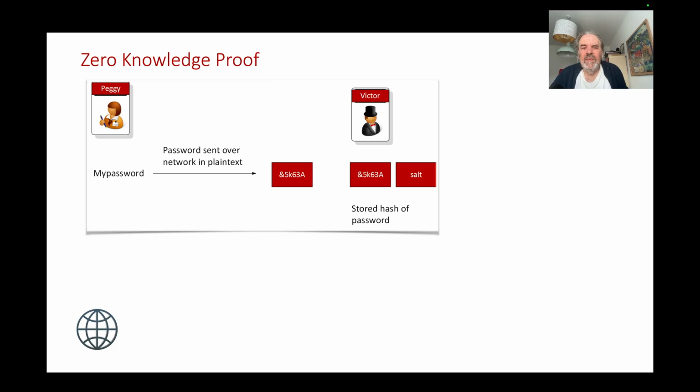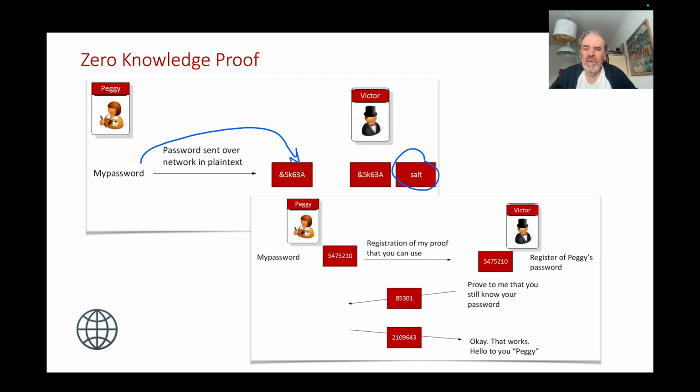So a typical way that we would store passwords, for example, is that we would hash the value along with a salt value. Unfortunately, this can be attacked by rainbow tables, brute force, dictionary attacks, and so on. A much better way would be for us actually to register some proof value that can be checked against a future proof.